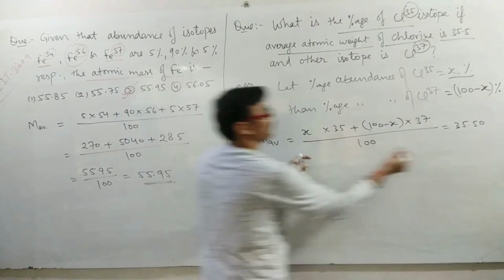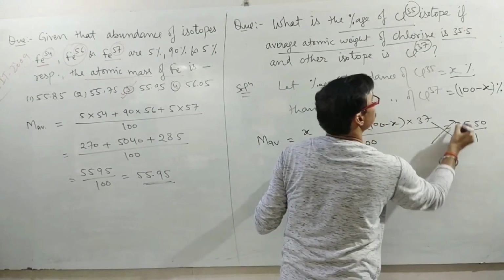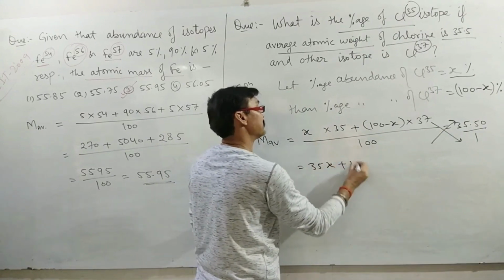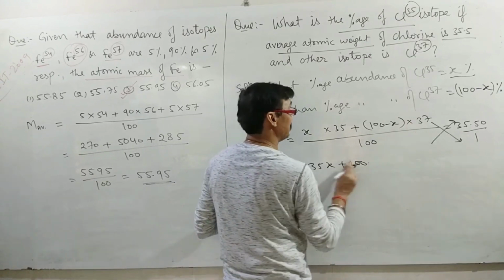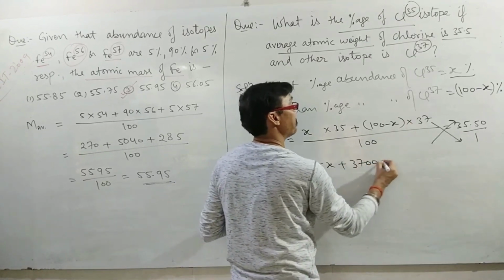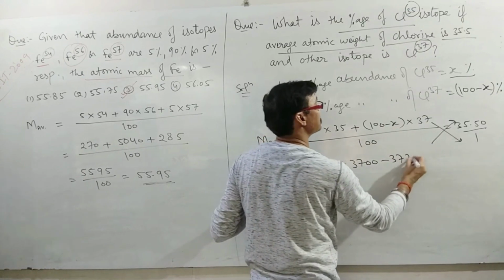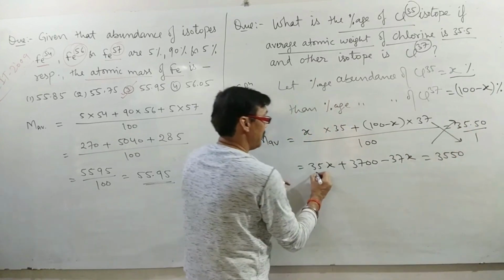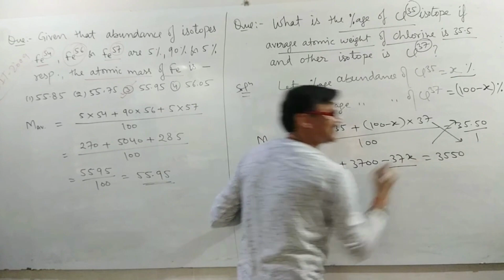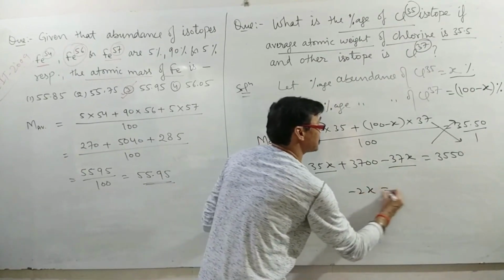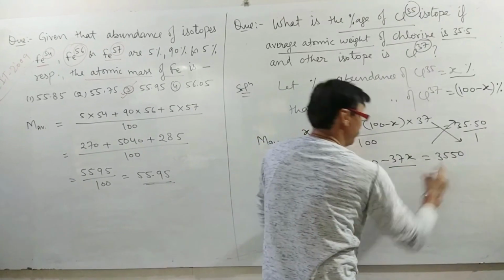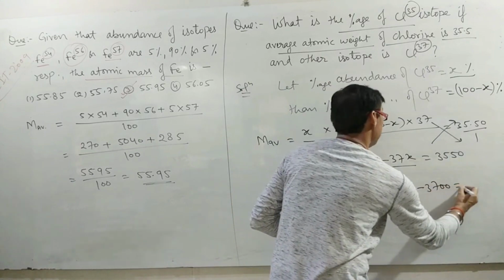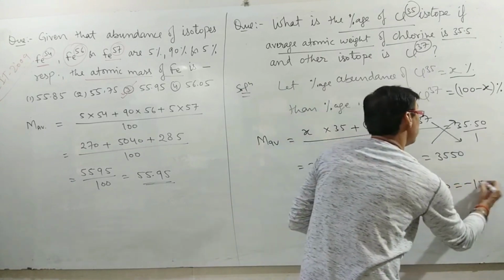So on solving this by cross multiplication, we get 35x plus 100 into 37, that is 3700, minus 37x, is equal to 3550 multiplied by 100. 35x minus 37x, that is minus 2x, is equal to 3550 minus 3700, which is minus 150.